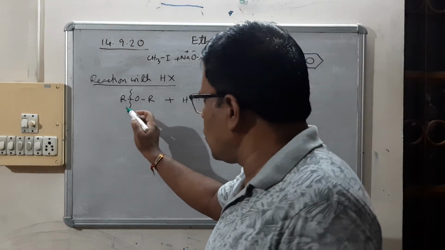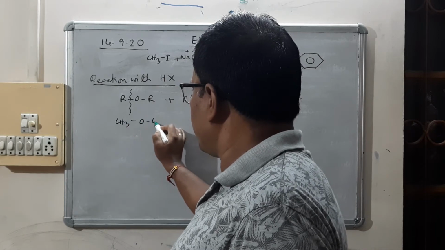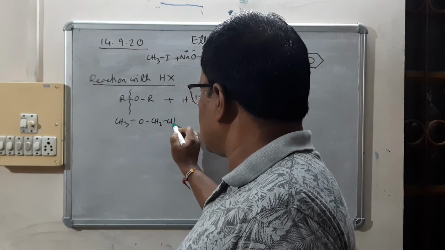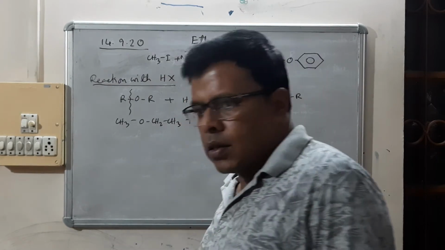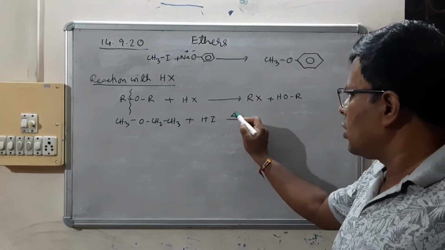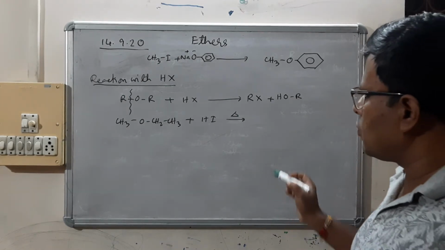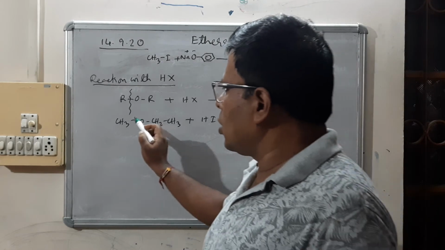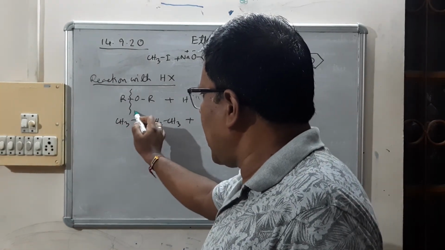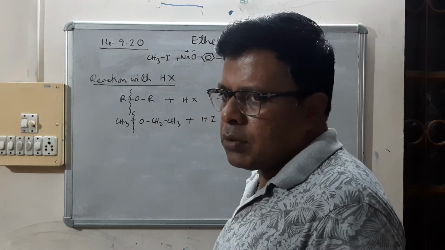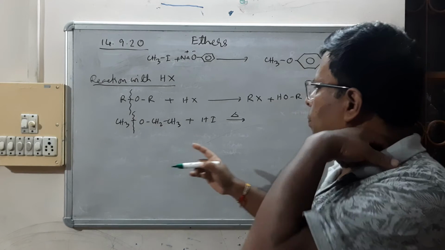Now let me take a genuine example of ether. Say CH3OCH2CH3 plus HI, and if it is heated, the product will be, now the smaller alkyl group side, that bond breaks if it is unsymmetrical. That you have to remember, smaller alkyl group side breaks.